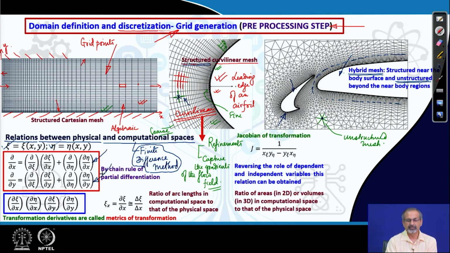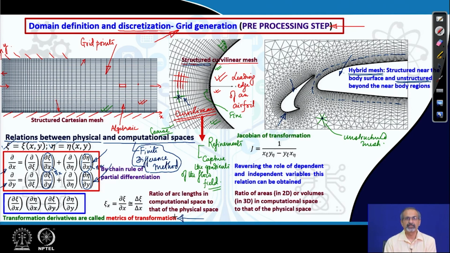So, by applying the chain rule of partial differentiation, you can write down the partial derivatives in a form like this, and then you see involvement of terms like this xi x, eta x, xi y, eta y and so on. So, this can be written as xi x, this can be written as eta x, etc. So, these are called as metrics of transformation.